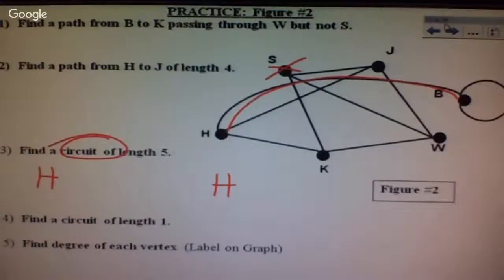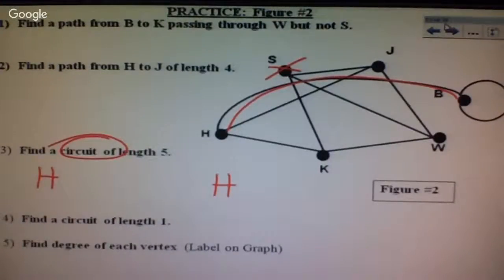Make sure that you are traveling the right amount of lines. Every time I go from a letter to another letter, that's one length. That is one edge. So if I have 5 vertices, from A to B is one edge, from B to C is one edge, from C to D is one edge, and from D to E is one edge.